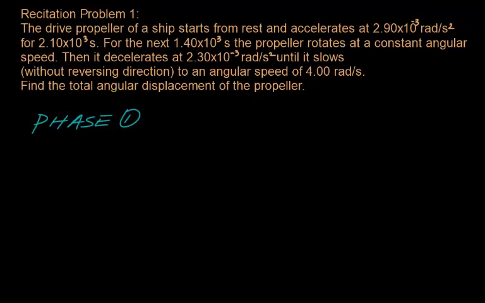Clearly during phase 1, the drive propeller is accelerating at 2.9 × 10^-3 radians per second squared. Alpha equals 2.90 × 10^-3 radians per second squared.